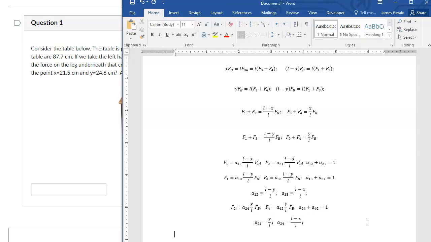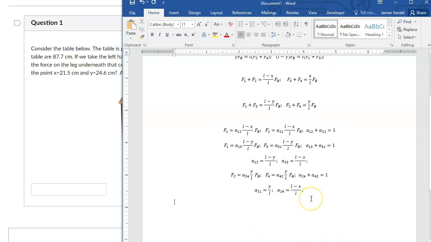So that would make this term okay, and that would make that term okay. Well, if those are true, we already know what the others are. We could work that out, but let's keep going.